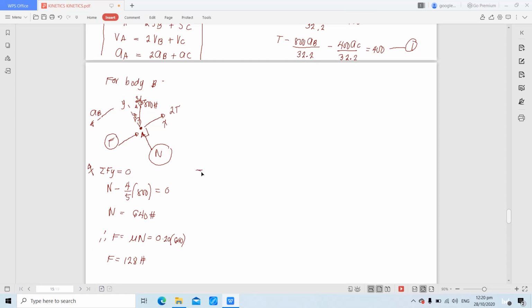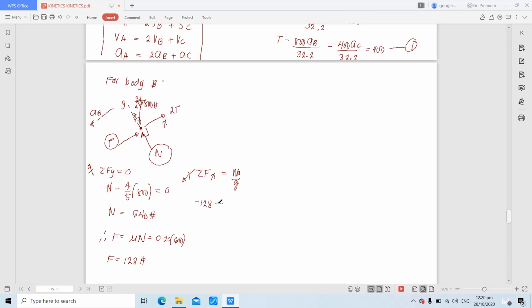Now, take summation of forces with respect to x. With respect to x-axis, nandyan yung motion natin. Therefore, naka-equal to kay reverse effective force na WA over G. Nasa yung positive direction, going downward. Okay, sana yung mga positive? Friction force, going upward, so maging minus yan, minus 128.